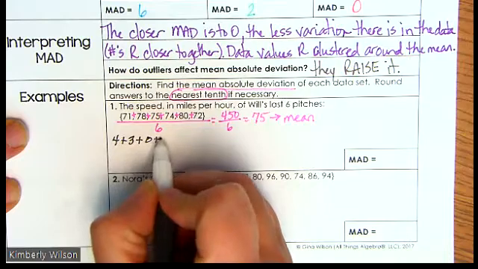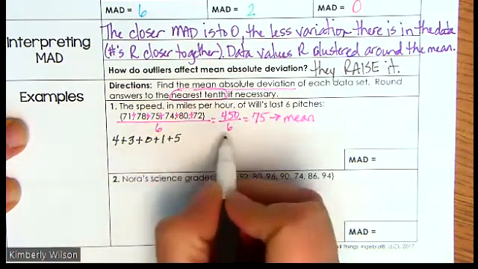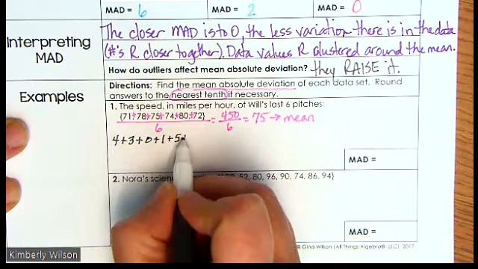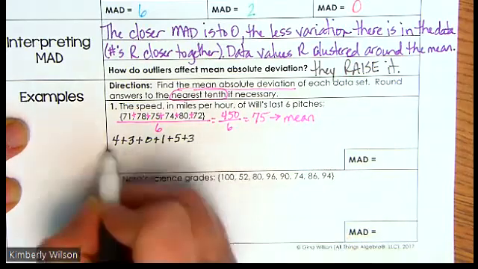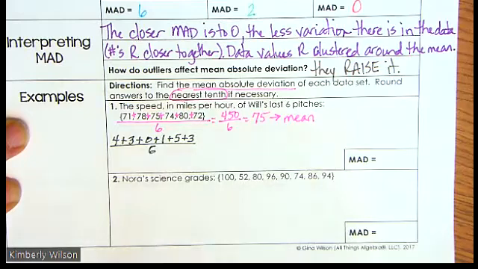75 minus 74 is 1. 80 minus 75 is 5. 75 minus 72 is 3. Add them all together and divide by 6. So we have 4 plus 3 plus 0 plus 1 plus 5 plus 3.